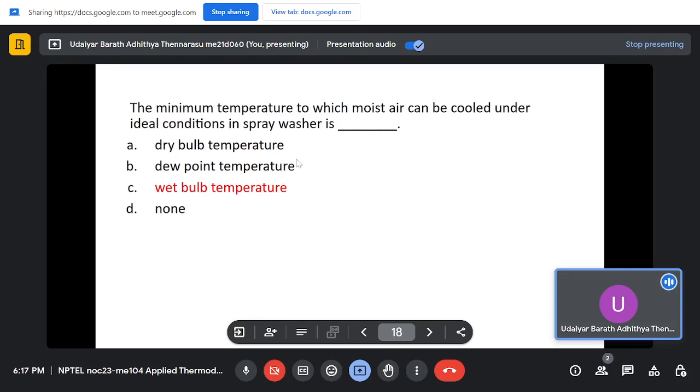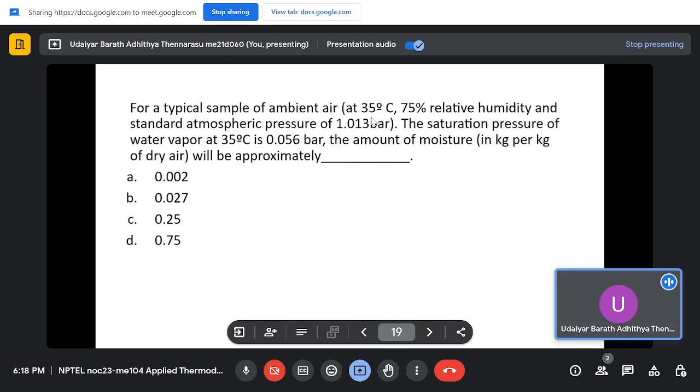The other combinations of process can take place based on the water temperature. But in any case, the air in a cooling process can be cooled only to the wet bulb temperature. After that your air is already saturated, it cannot take any more water vapor. It has reached the saturation condition, and that condition is called the wet bulb temperature. It cannot go any lower. So the answer is wet bulb temperature.